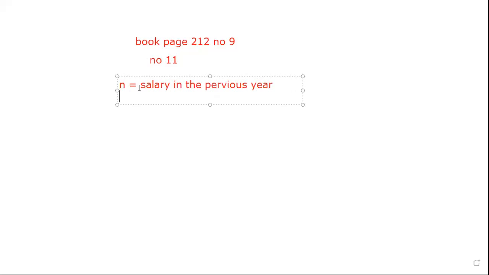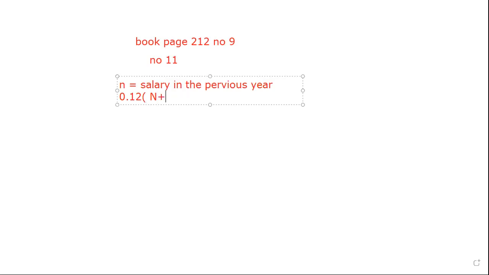And they said that she saves 12% of her salary. Then 12%, we can write it in a fractional form or in a decimal. It will be 0.12. And since we don't know her salary, we can set N.